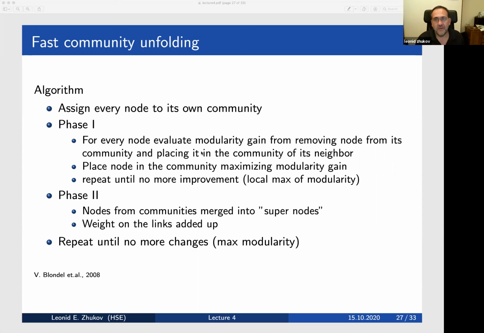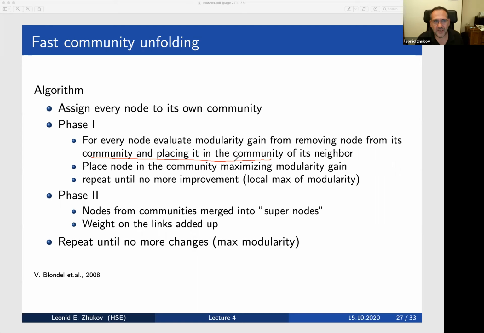Now, you would say, why the hell would this work? Well, the answer is, it's a greedy algorithm, and on every step, we're always improving modularity, right? Because every step is based on putting nodes in a community in such a way that it is improving modularity.